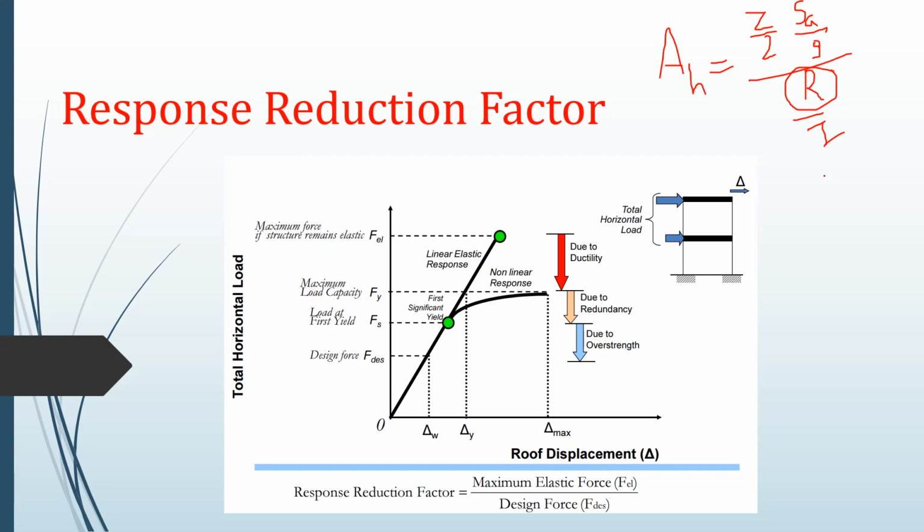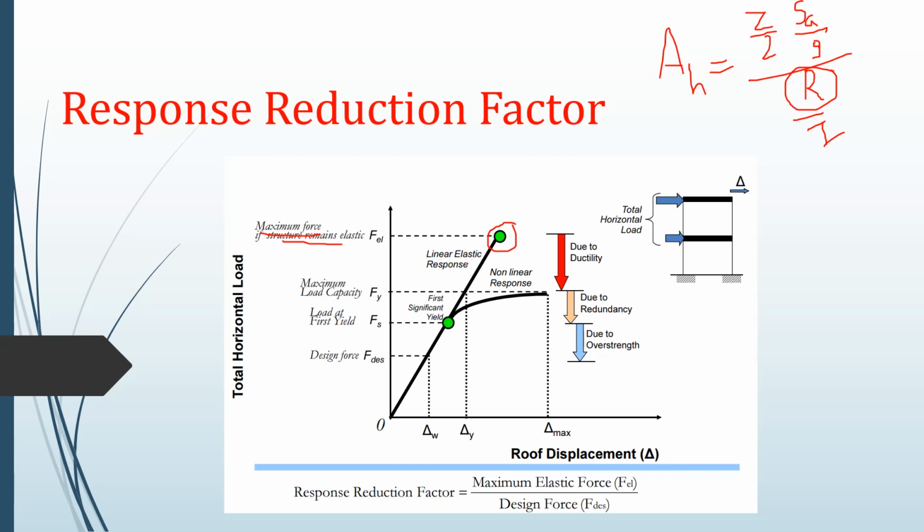So when we are analyzing our structure, if we consider a linear elastic response of our structure to the earthquake loads, then the maximum force that is induced in the structure is very high.